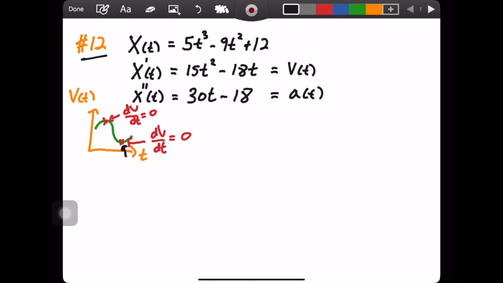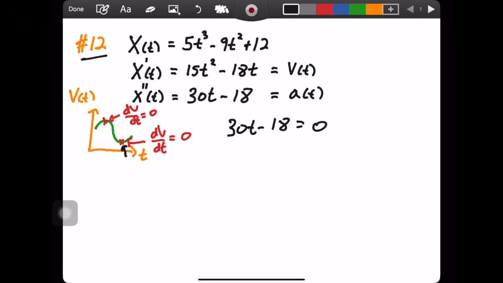And so with respect to velocity versus time graphs, the slope of that graph is the acceleration. And so at peaks and at valleys, the acceleration is equal to 0. We know what the acceleration is because the acceleration is x double prime. So if I go back to the mathematics, I can say that 30t minus 18 equals 0.